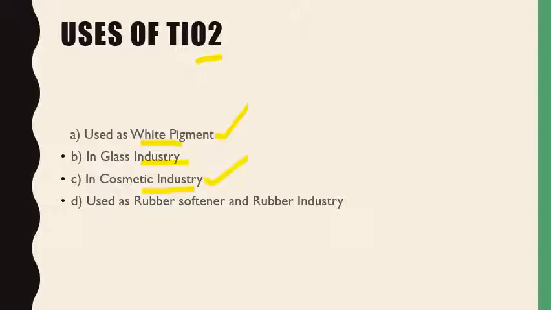It is used in various lotions, and used as a rubber softener in the rubber industry to prevent the brittleness, the cracking and the fading of the product. So there are many industrial uses of titanium dioxide.